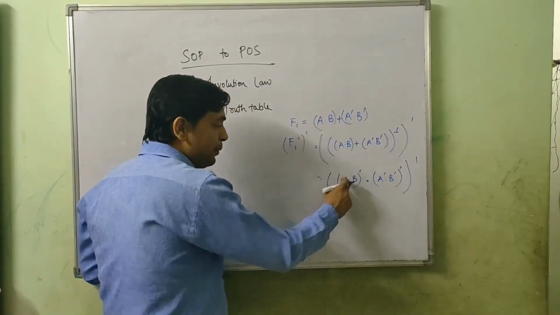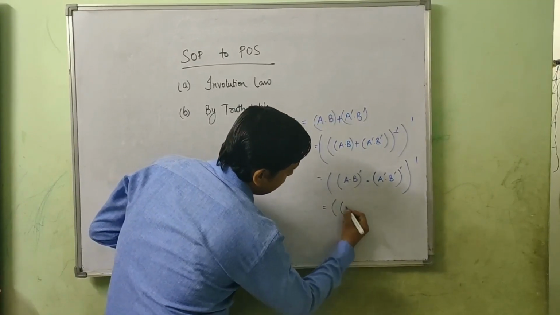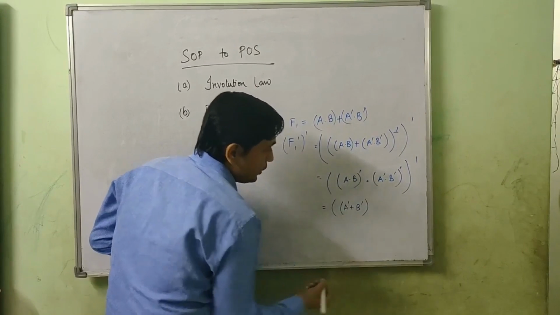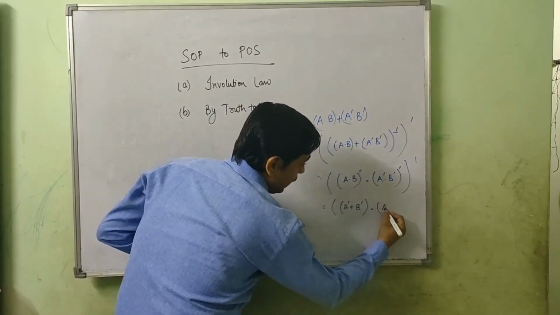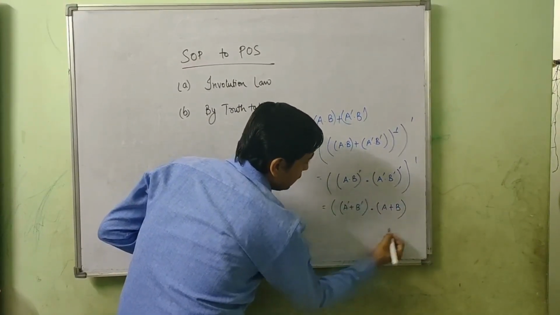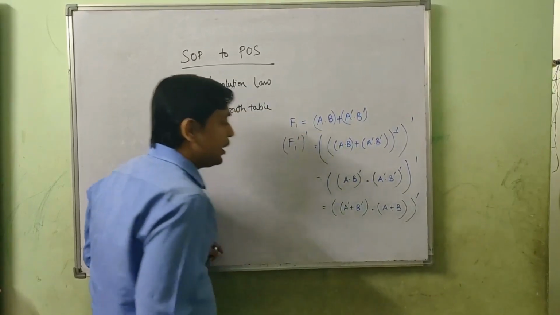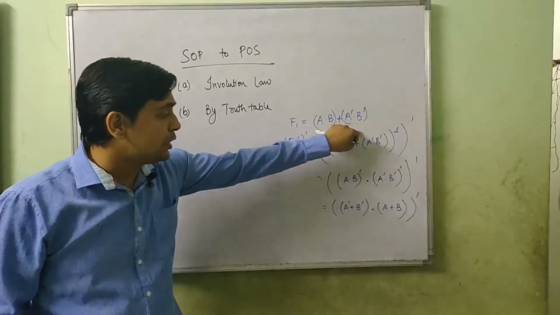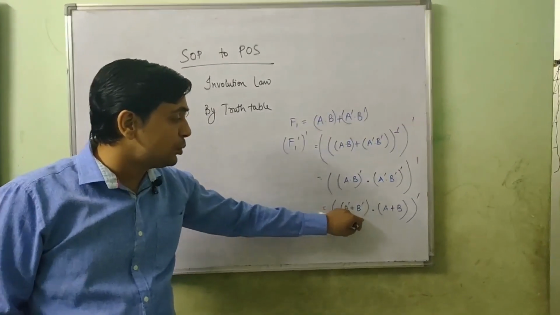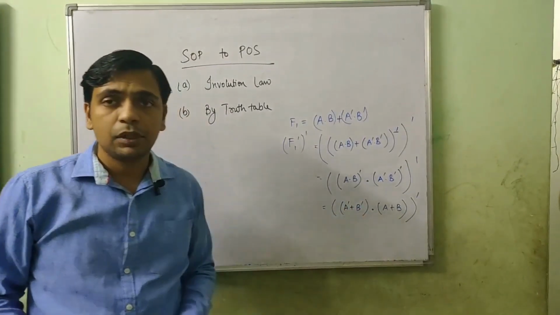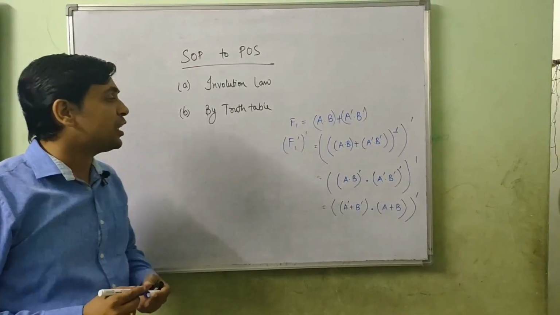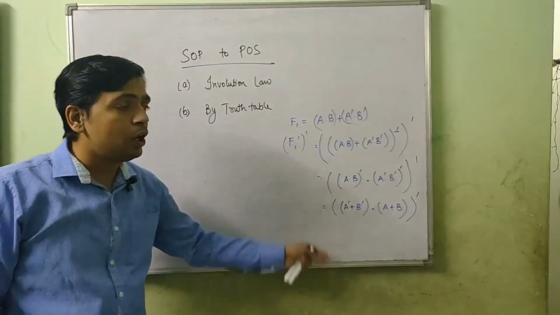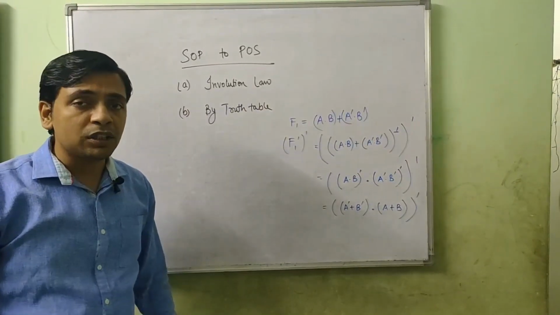Now again the complement will enter, so this becomes A complement plus B complement, and A plus B, whole complement. Now you can see this was a sum of product, and it has changed into a product of sum. So this is one way we can convert a sum of product into a product of sum, by applying the involution law and then De Morgan's law.